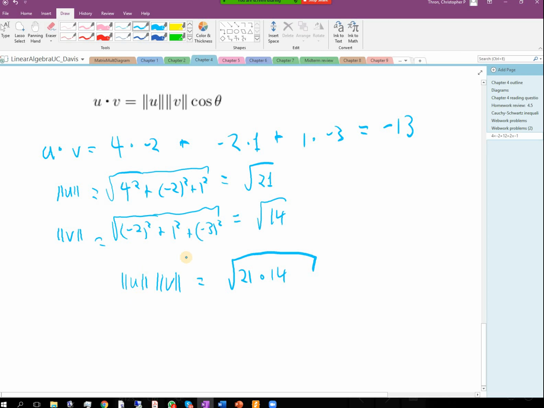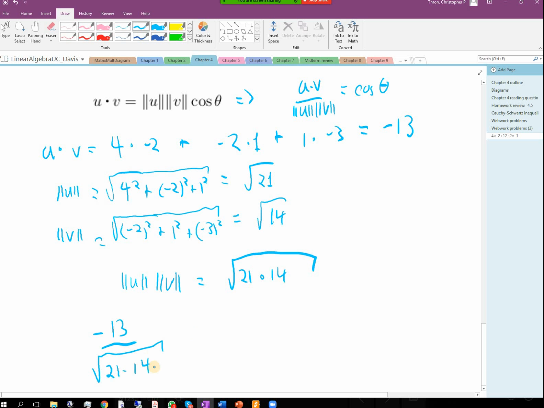You want to get a formula for cosine. So here's my denominator, here's my numerator: -13 over the square root of 21 times 14.